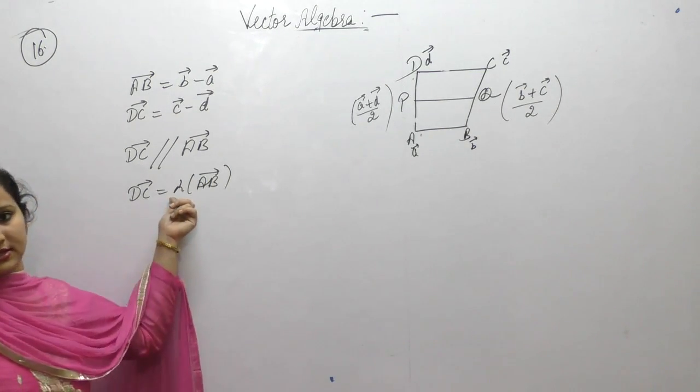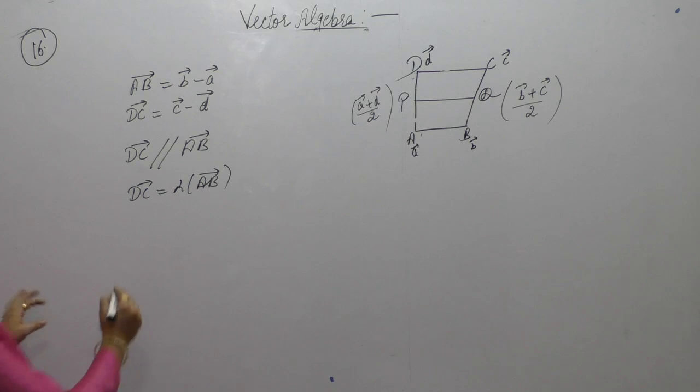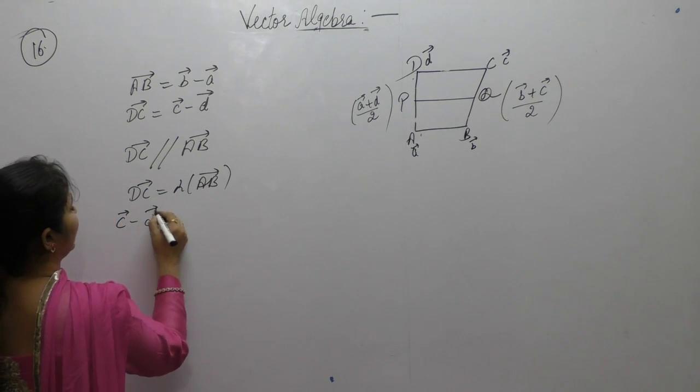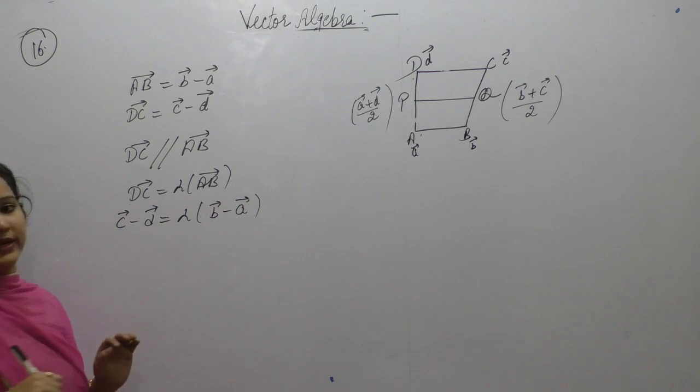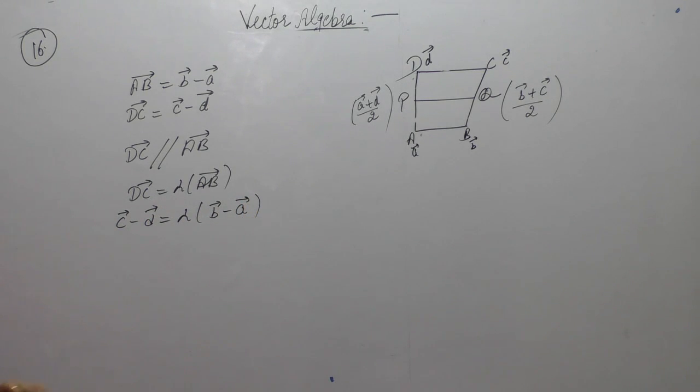Let this constant be lambda. So C vector minus D vector equals lambda times B vector minus A vector.